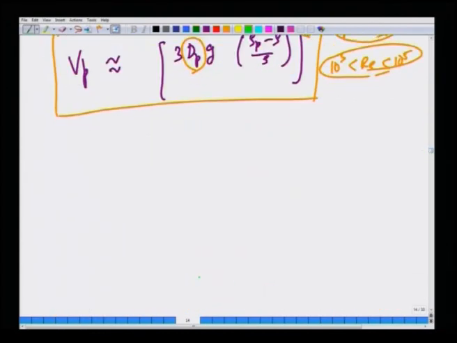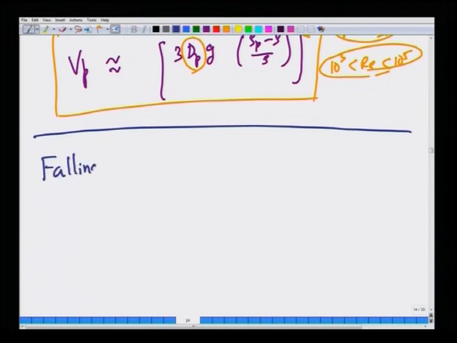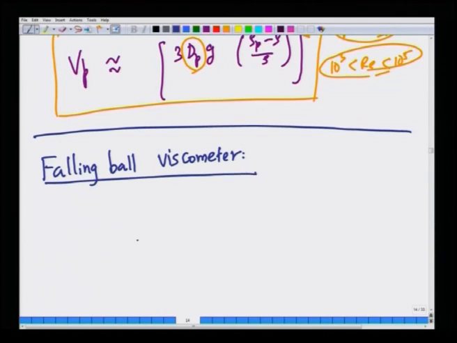Now, this expression can be used to measure the viscosity of a fluid, and such a device is called the falling ball viscometer. Essentially, the idea is you take a sphere and place it in a liquid whose viscosity you want to find, and wait for it to attain terminal velocity.